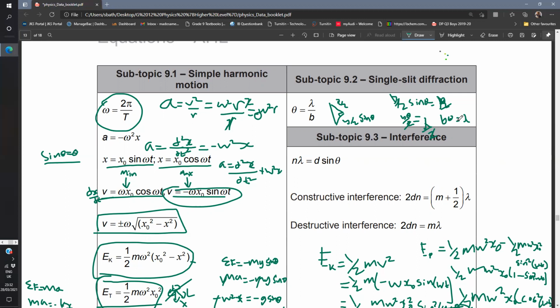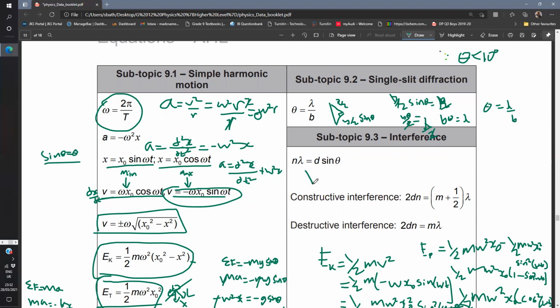Equal to lambda. Divide both sides by B. And that will be our final answer. And usually, so I forgot to mention this. Usually, the angle theta has to be less than 10. Okay, and this moves us on to interference.